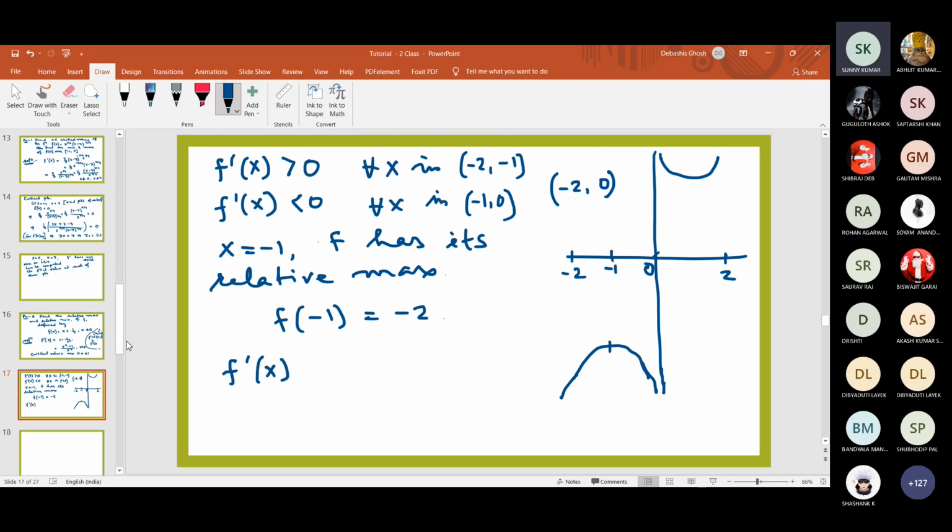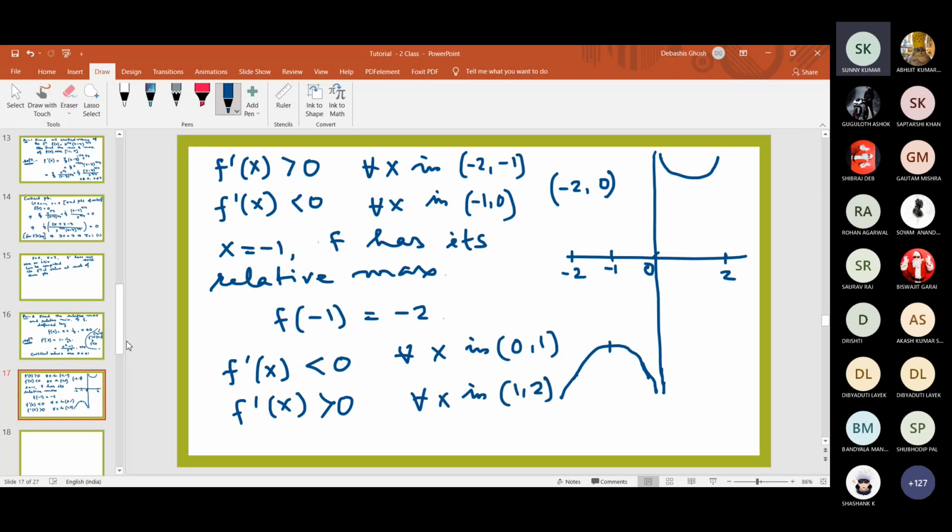between this interval for all x in the open interval 0 to 1, and f dash x goes positive for all x in 1 to 2.